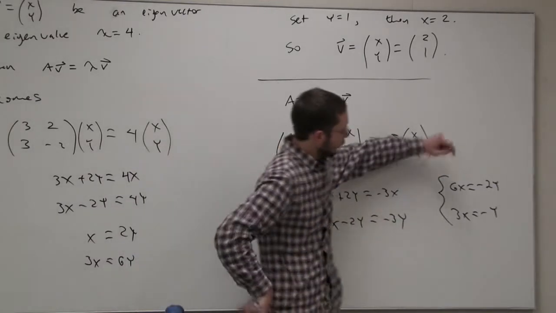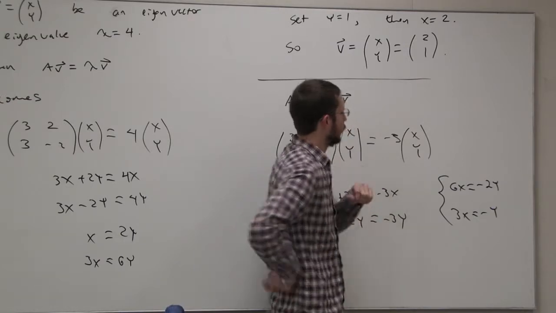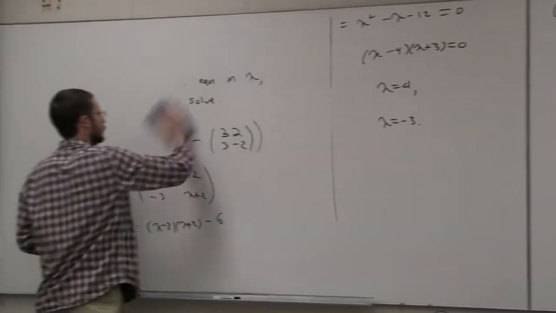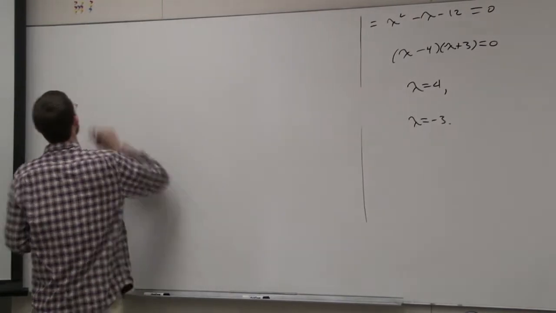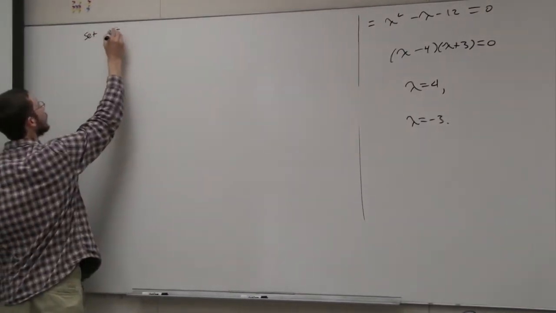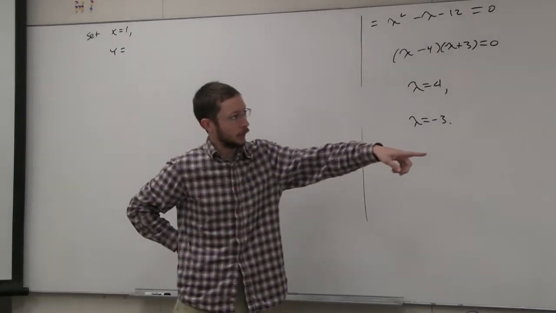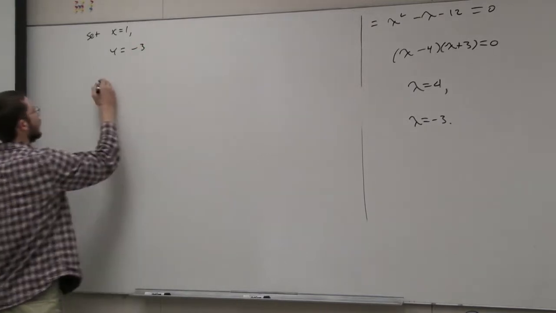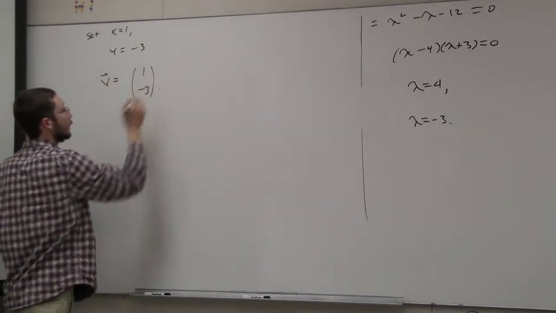In this case, I think choosing x equal to 1 would be a good choice. And plugging that into one of those equations, you find that y has to be -3. And so our second eigenvector then is 1, -3.